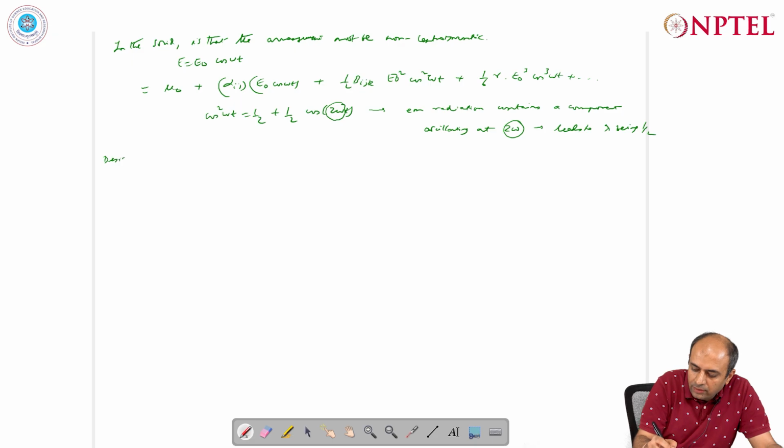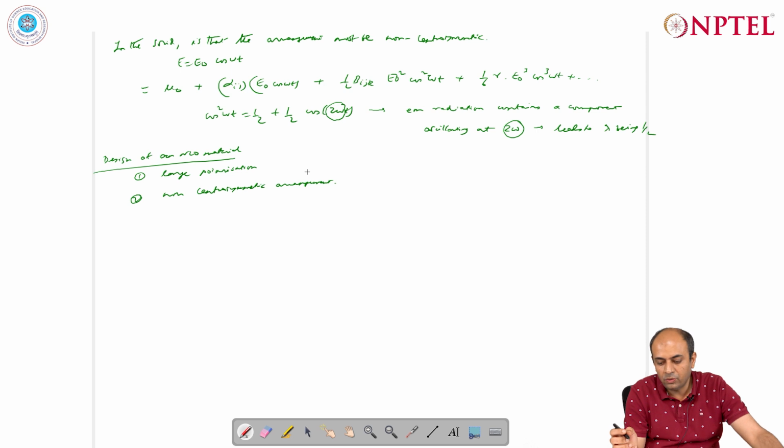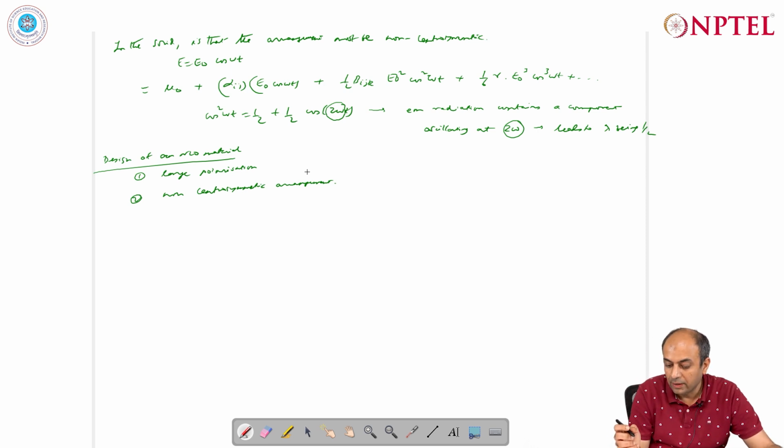So the design of an NLO material requires, number 1, large polarization, and number 2, the non-centrosymmetric arrangement. If you are able to have these two conditions satisfied, then we can elicit a very efficient response for a material to exhibit NLO activity.